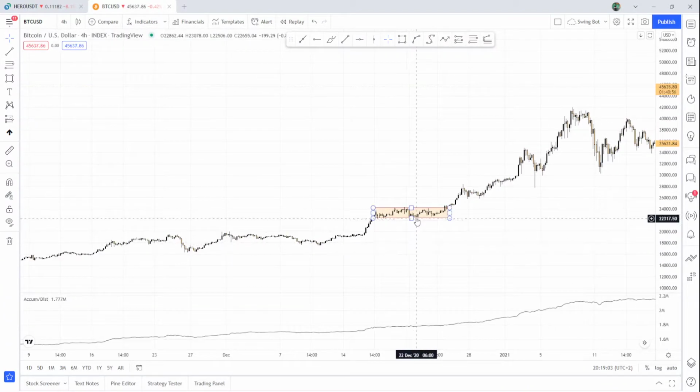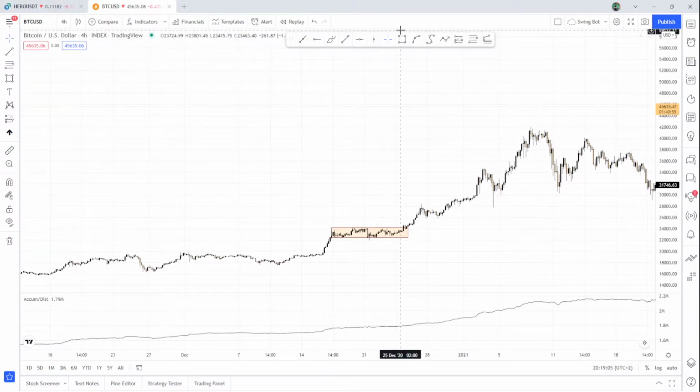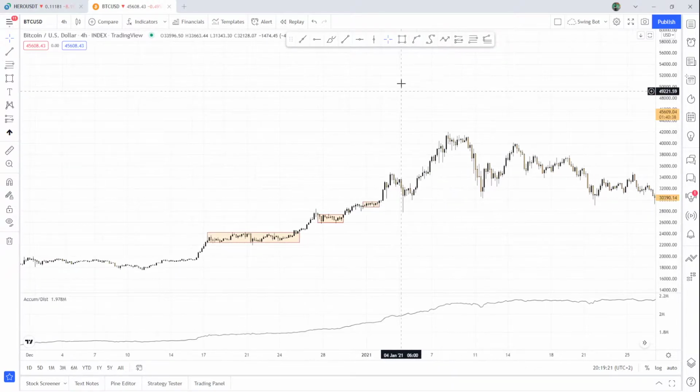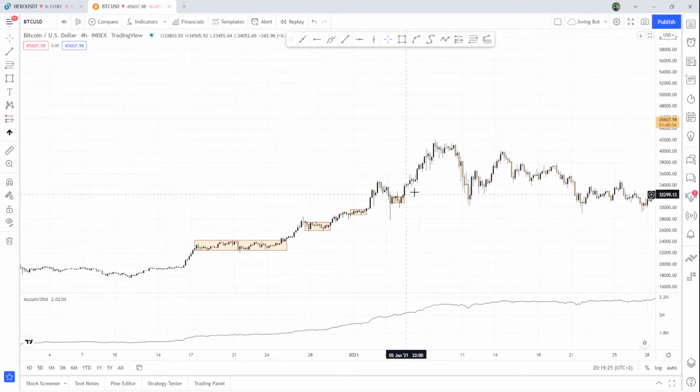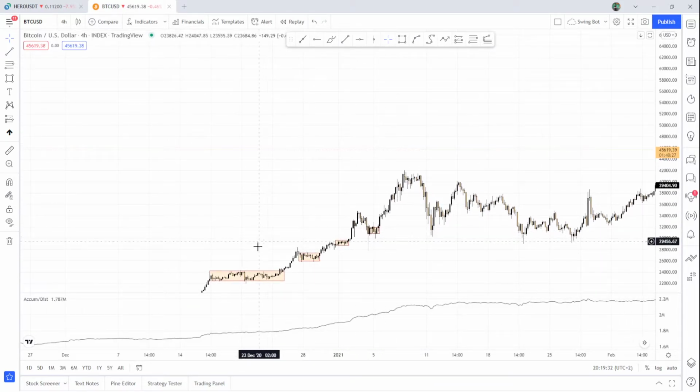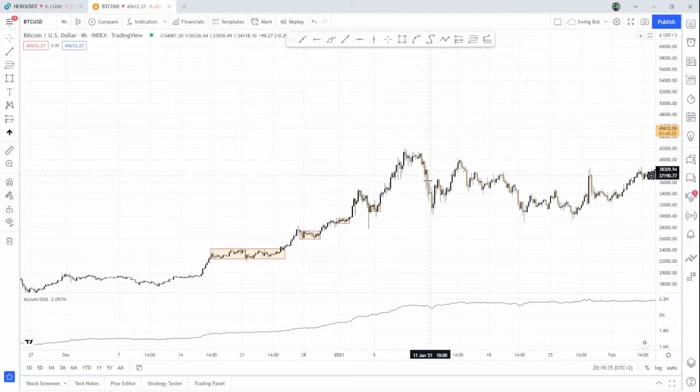Then we have a break, then a smaller one here, then again a break, then another small accumulation zone here, then another break, and here we have another one and another break. And it goes like this, from accumulation zone to accumulation zone.